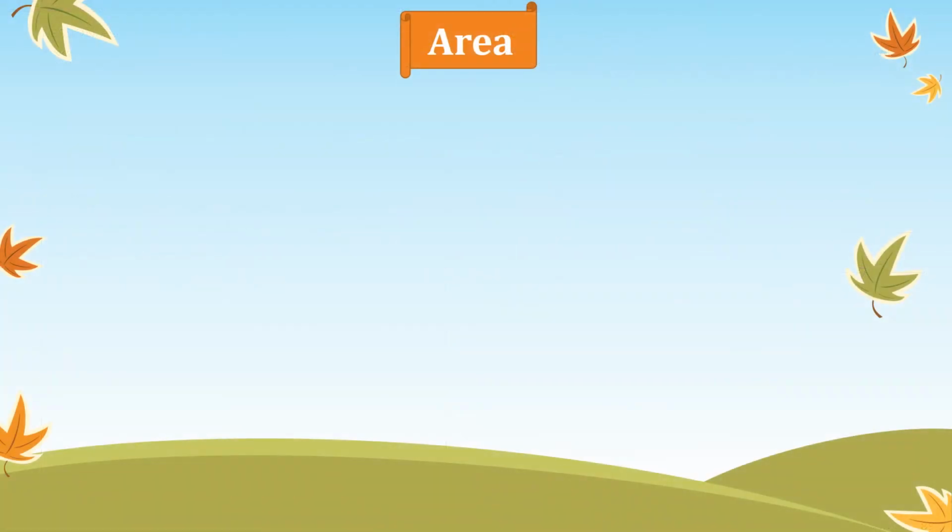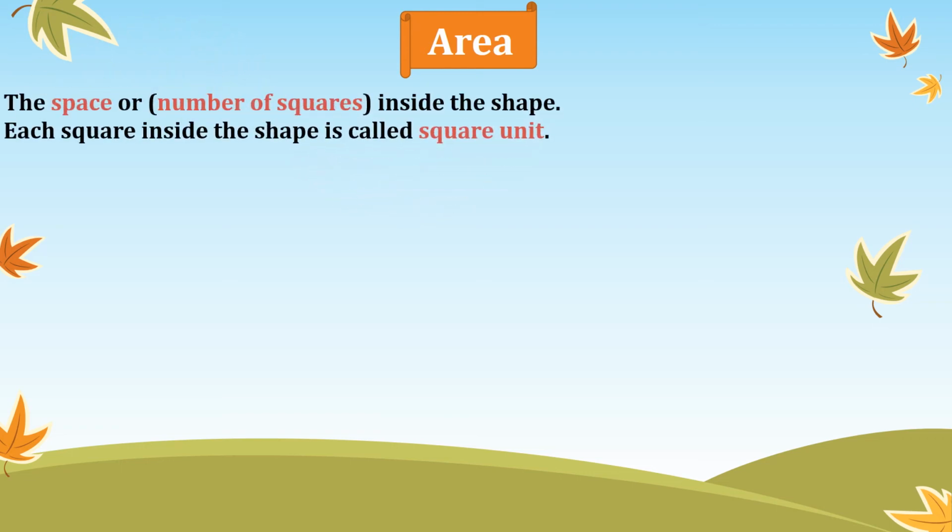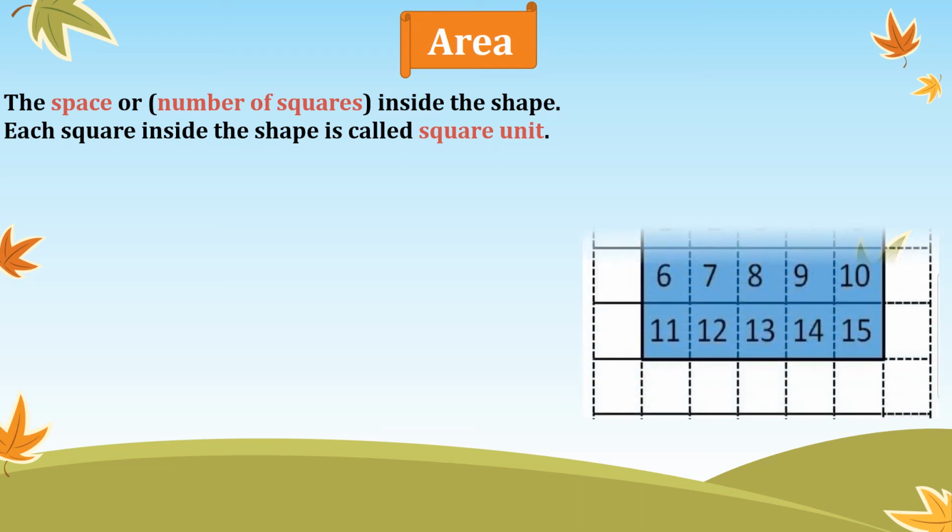Now let's move to the area. The area is the space, or number of squares, inside the shape. Each square inside the shape is called a square unit. Okay, what does it mean? I didn't understand. Let's see an example.